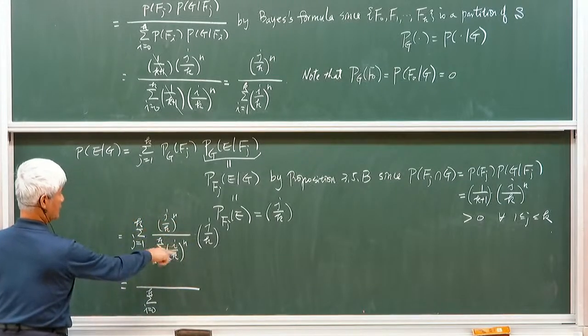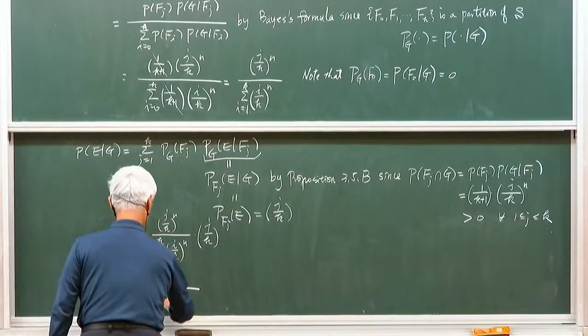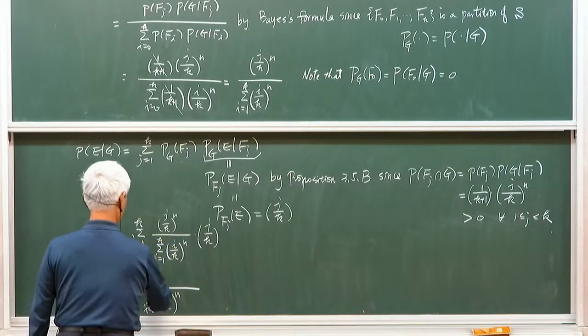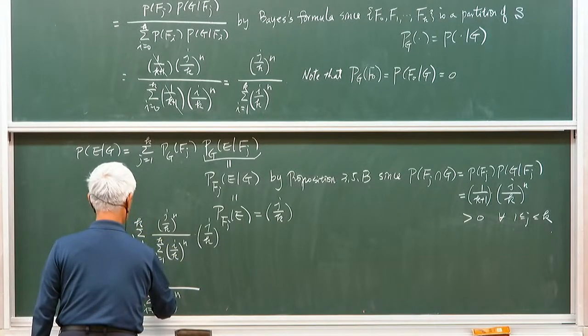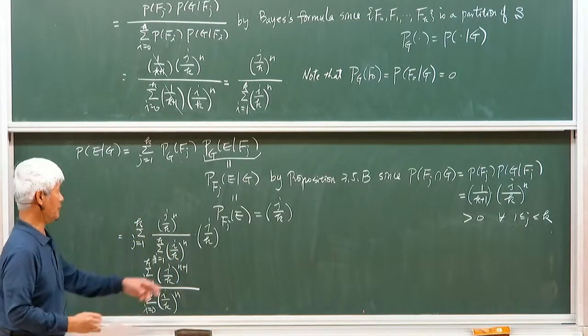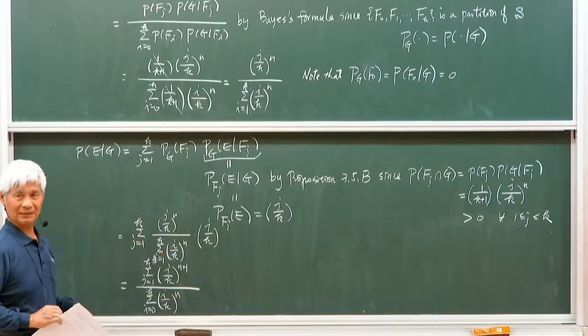Each term has the common denominator k, and the summation has j divided by k raised to the n plus 1 power, because we multiply this into that.